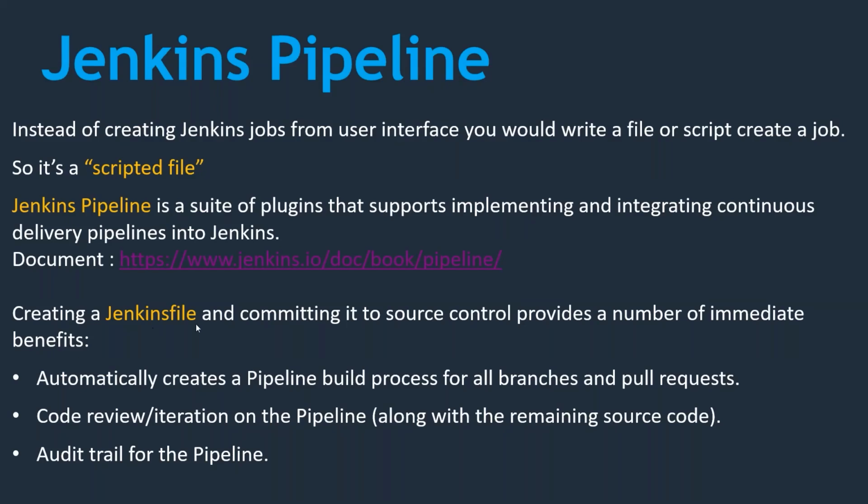Creating a Jenkinsfile and committing it into source code control provides a number of immutable benefits. So what we usually do is create a Jenkinsfile, a list of the steps which you need to follow, and commit it into source code management. Whenever you commit into source code management, your Jenkins pipeline also becomes part of your source code management.